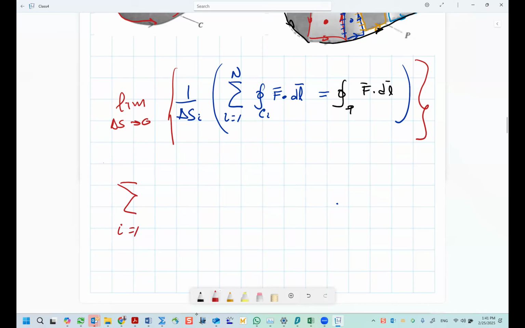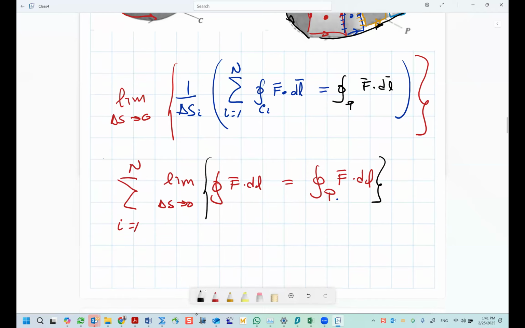The sum from 1 to n of the limit when delta S tends to 0 of the closed integral of F dot dl will be equal to the closed integral over the perimeter of F dot dl. Everything here is in the limit.